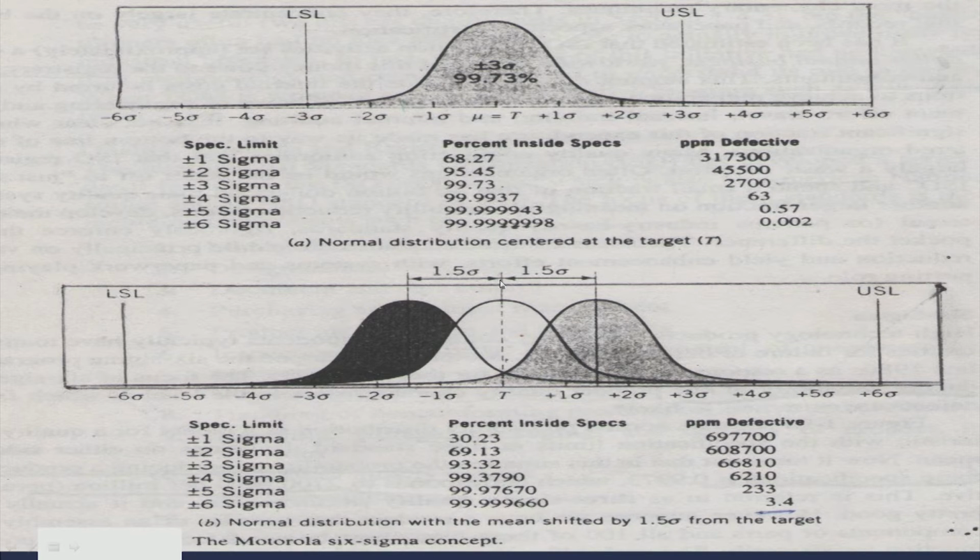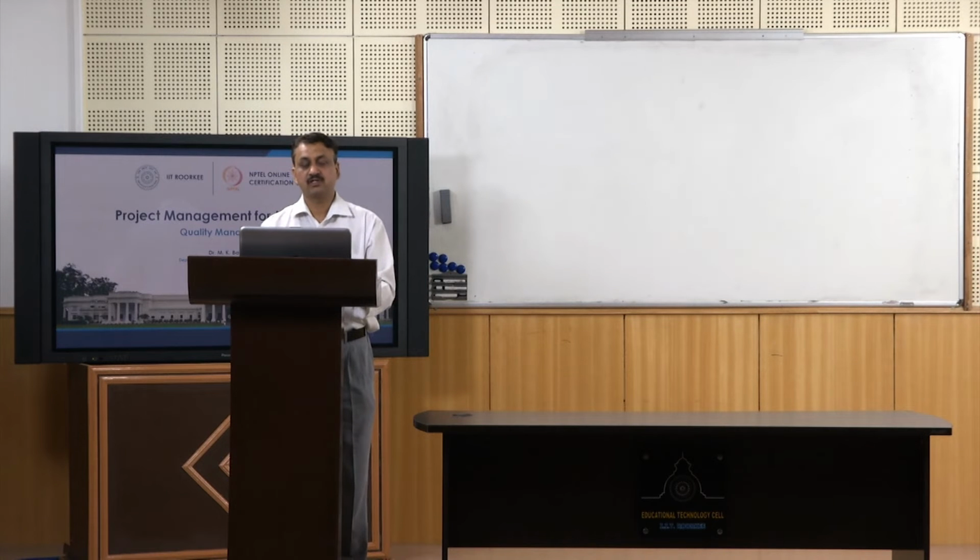What we are saying in 6 sigma is that whenever a process is going on, we assume its mean will shift 1.5 sigma towards positive and 1.5 sigma towards negative. So, there is a shift of 1.5 sigma on both sides. This is your mean, this is your upper specification limit and this is the lower specification limit. The mean is 6 standard deviations away from the specification limits.